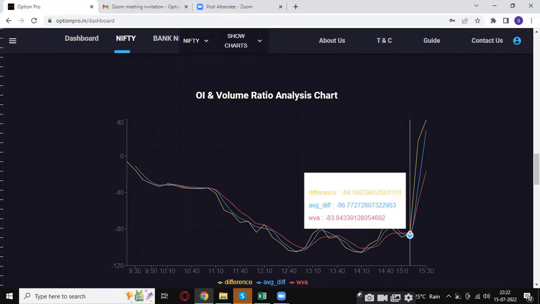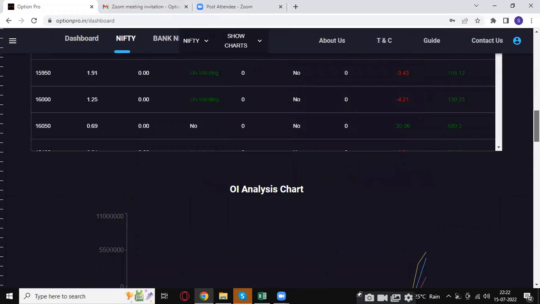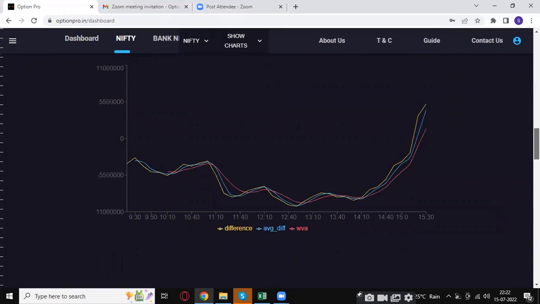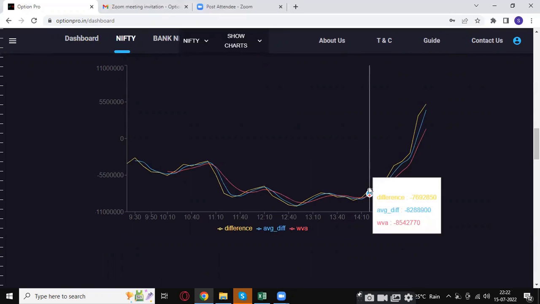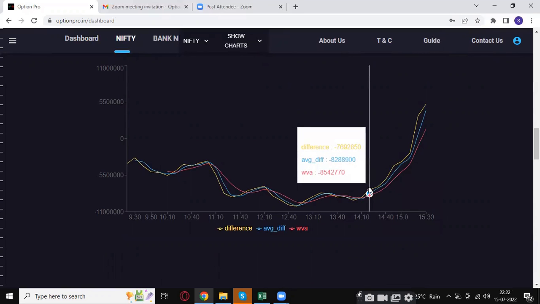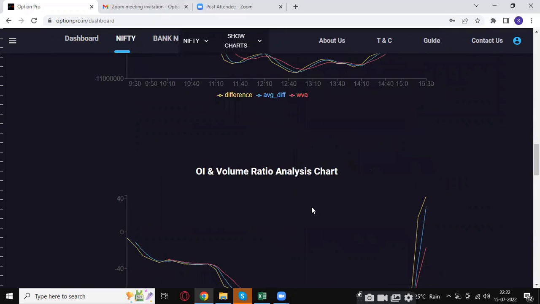And this is working. Both the tables are working really well. We have been testing the same for the last 1 year, and it is working really well. You can easily take trades based on both the tables.